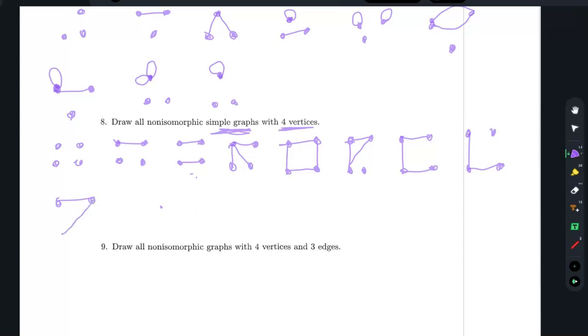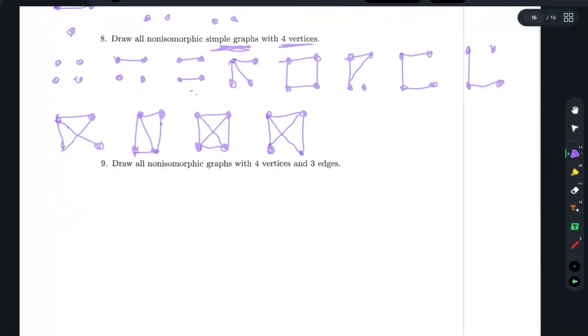Or I could make this kind of fun thing. Or I could go back to just the regular square, right? But then put a diagonal. Or I could do a regular square and do 2 diagonals. Or I could do like this and this and this and leave this one side open. And I think that would be it.